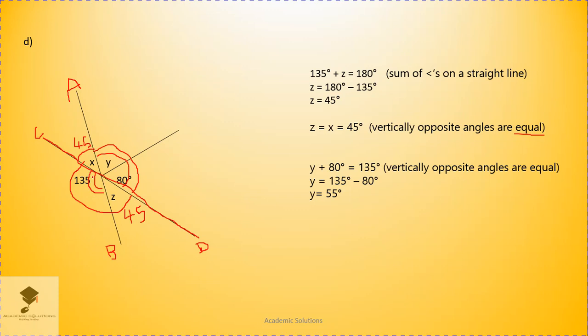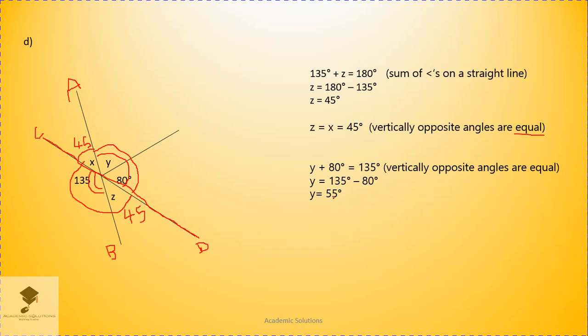Why? These are vertically opposite angles, which makes them equal. So what we do is we bring this 80 to the right hand side and it becomes negative. So we're going to have y equals 135 minus 80, which makes it 55.